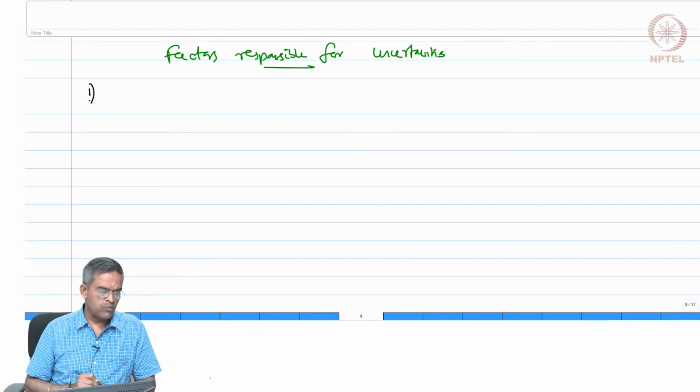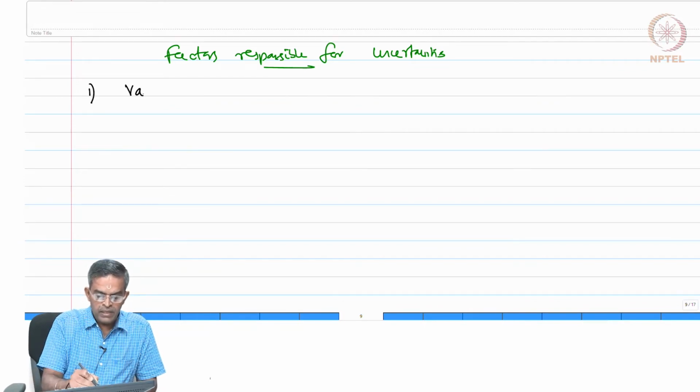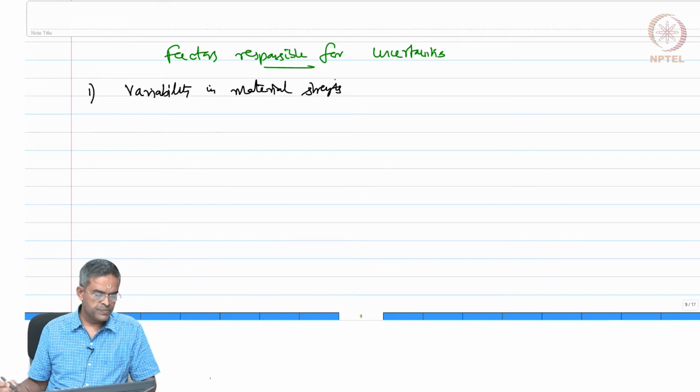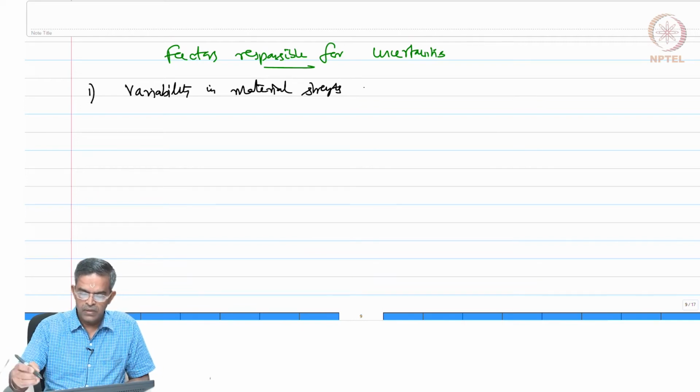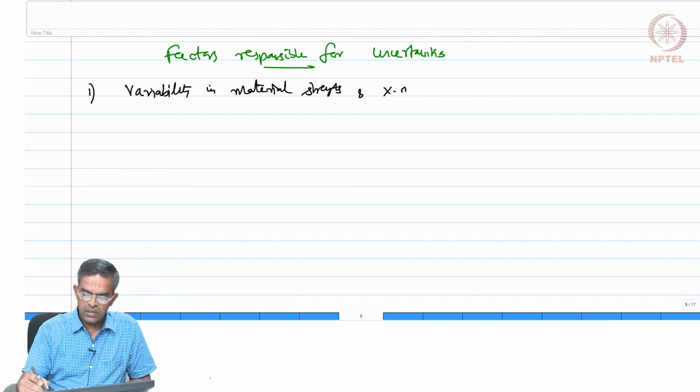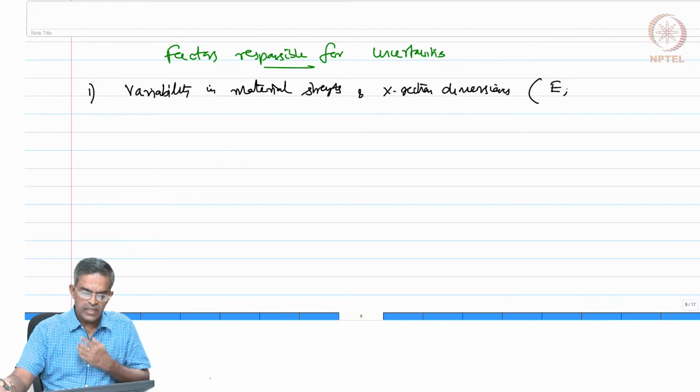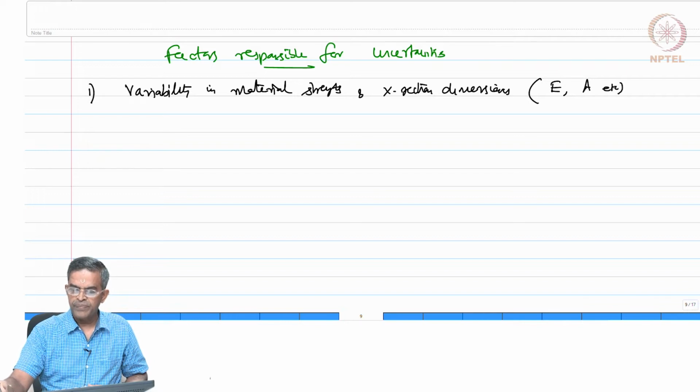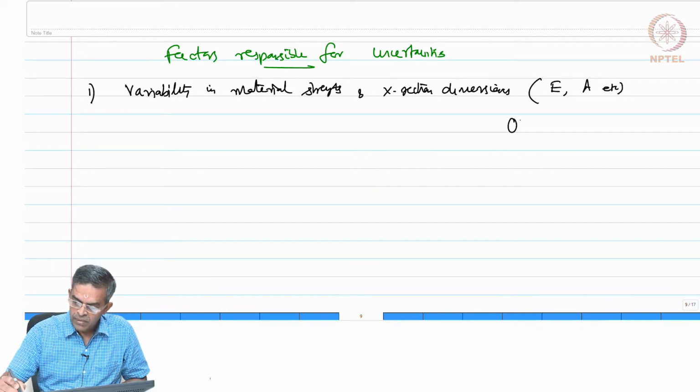The first factor could be variability in the material strength and cross sectional dimensions like modulus of elasticity, area of cross section, etc. For example, the bar may not be of a uniform diameter throughout.